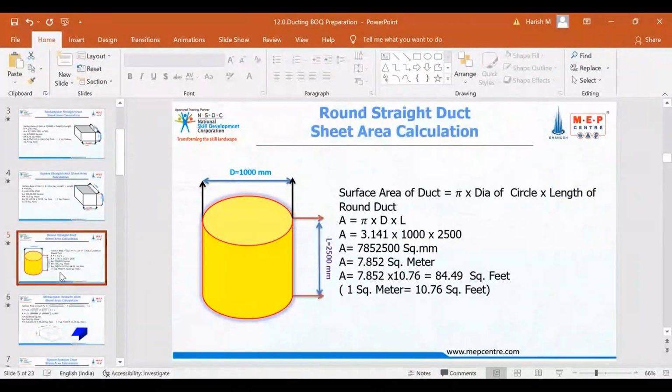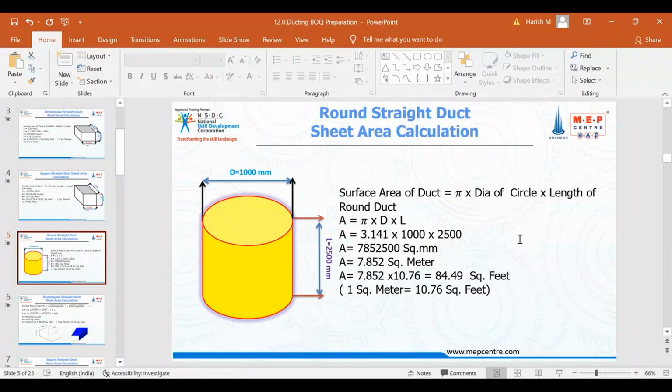Okay, so for round, what is the formula? Pi d L. Am I audible? Yes, sir. The value of pi we take is 3.14, diameter is 1000 and length is 2500.